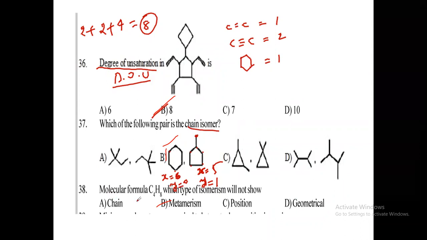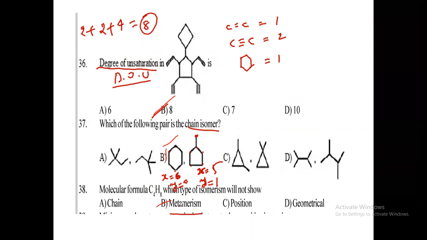Next, molecular formula C4H8. Which type of isomerism will not show here? This molecule with formula C4H8 cannot show which type of isomerism, they are asking. It cannot show metamerism.